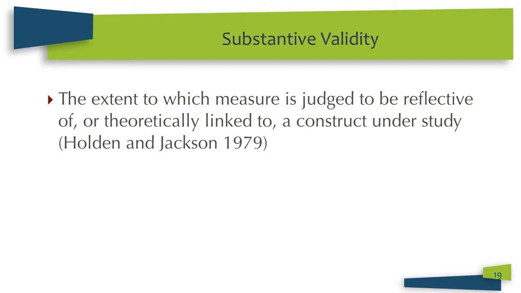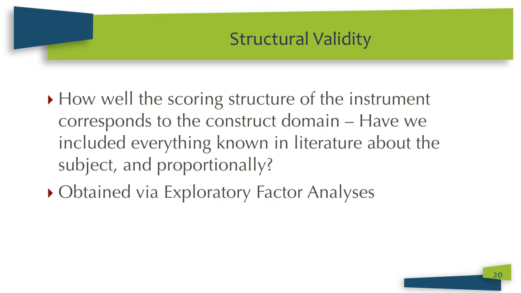So substantive validity is kind of validity that is proving the theoretical appropriateness of your measure. Well, then is structural validity. Structural validity basically judges the scoring structure of your instrument. Basically, have we included everything known in literature about the subject and proportionally?